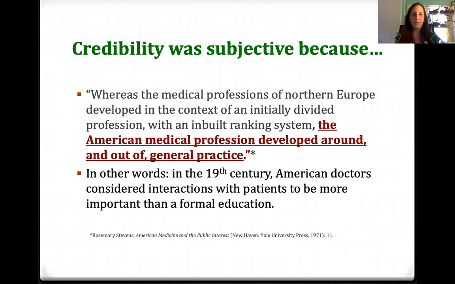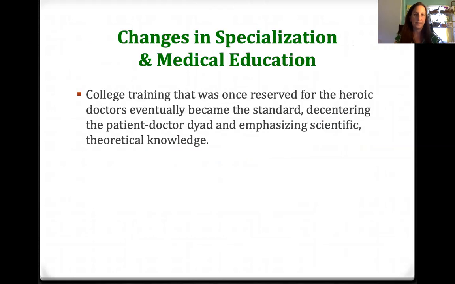So credibility was really subjective at the time, and that's something that the American Medical Association was trying to change and standardize. College training that was once reserved only for the heroic doctors became the standard, decentering the patient-doctor dyad and emphasizing scientific theoretical knowledge. Let me unpack this a little bit because it's really important and this relates to your readings.